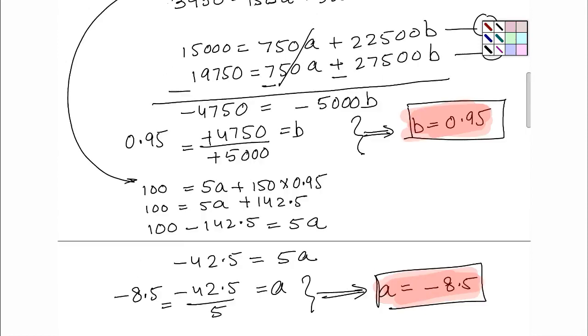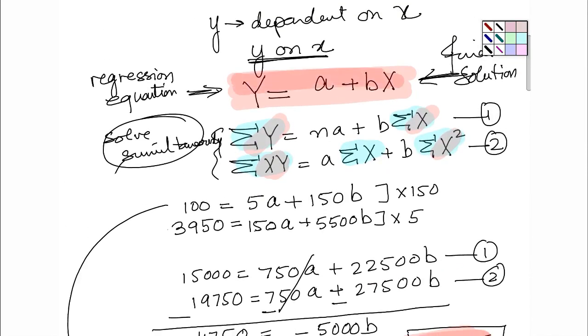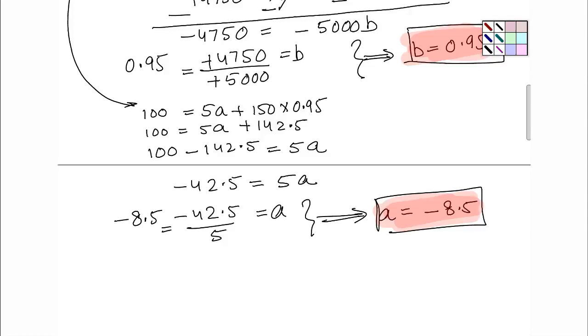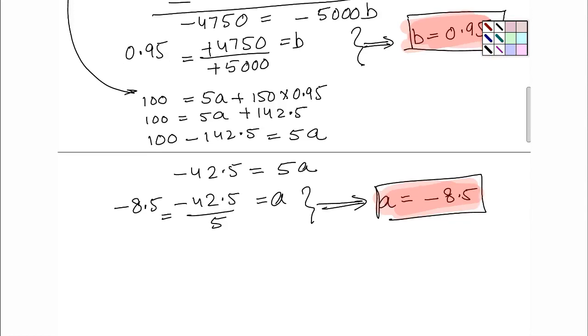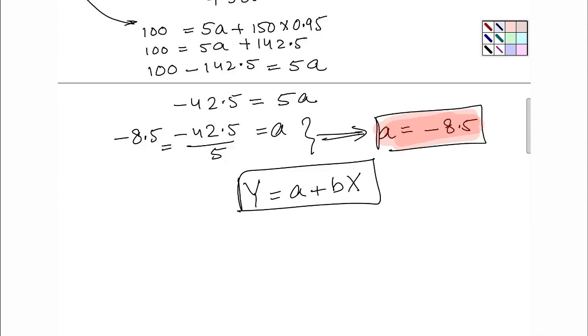Let us go ahead and put these values in our important equation, the regression equation of y on x. What is the equation? Do we remember it? It is y is equal to a plus bx. This is the regression equation.